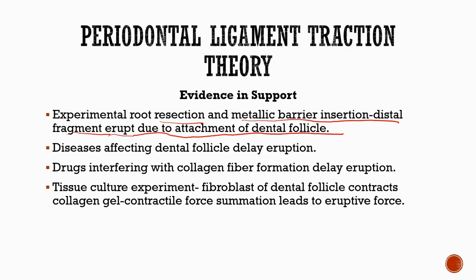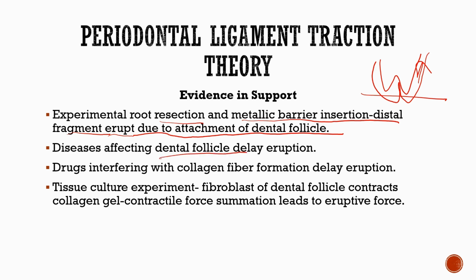They took an example and did an experimental root resection and put a metallic barrier insertion in the apex of the root, to cut off the hydrostatic pressure. So what will happen? The distal fragment erupts due to attachment of the dental follicle. Because the dental follicle is attached, it erupts in the oral cavity.